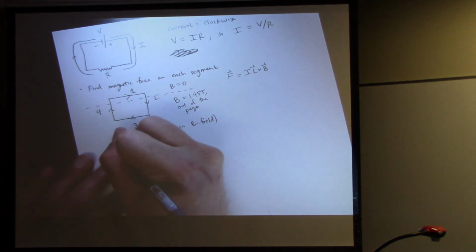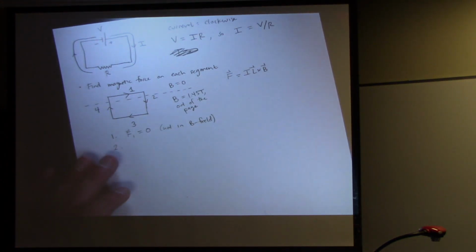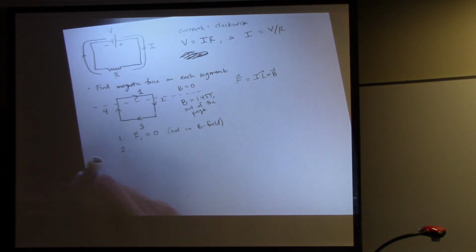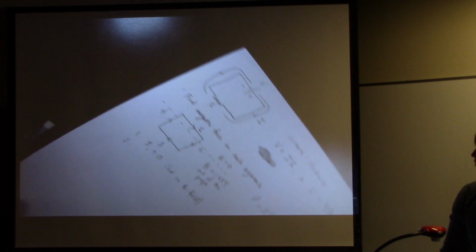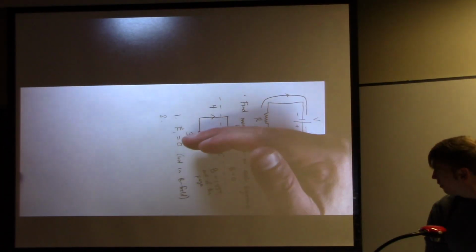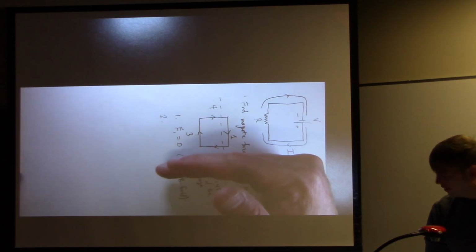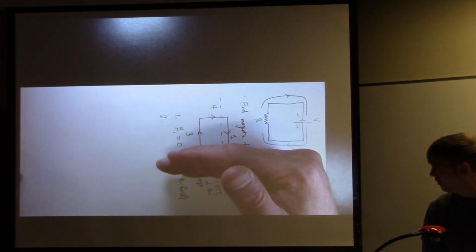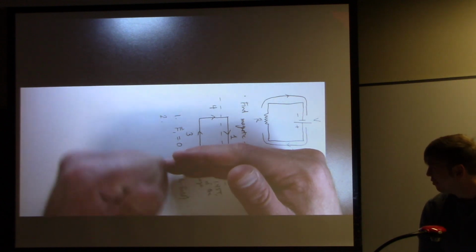The force on segment number 2, let's think about what direction it's in to start off, okay? So, sort of reorient the picture. If I take my fingers in the direction of the current, like this, and then I curl the fingers of my right hand in the direction of the field, which is coming out of the page.